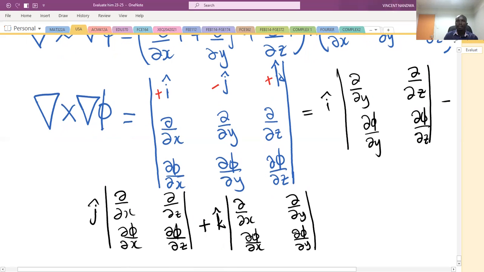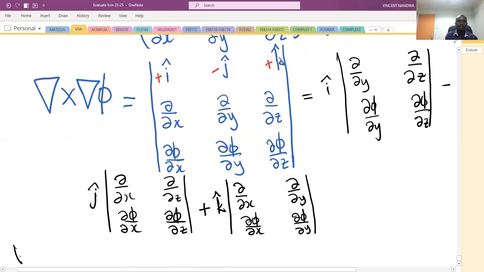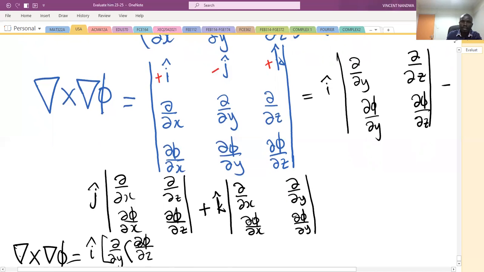And the next step now, let's evaluate those determinants. So we'll have i into, so partial y, you apply it to partial phi partial z, minus partial z, you apply this to partial phi partial y, minus j.